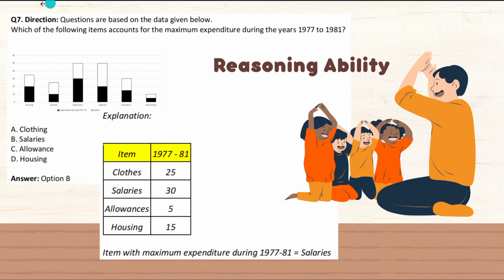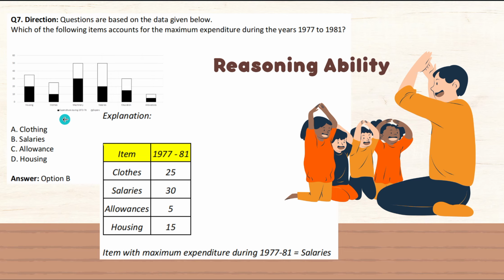Questions are based on the data given below. Which of the following items accounts for maximum expenditure during the years 1977 to 1981? It is given in this way, and you are given the options also. Salaries has, I think, option B is salaries.